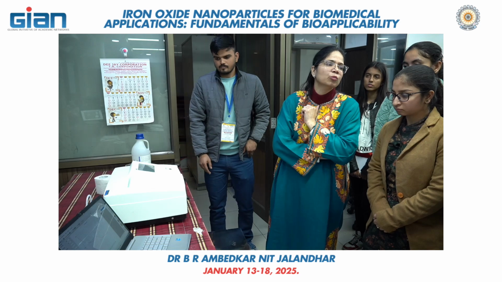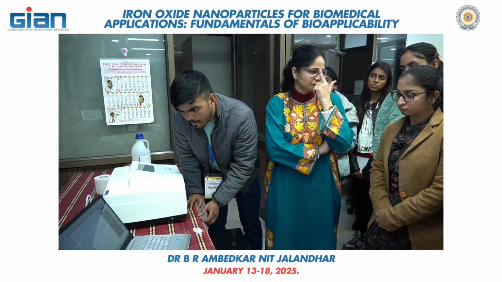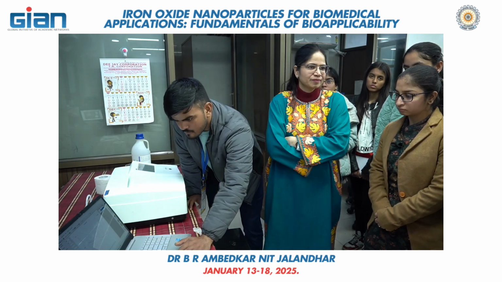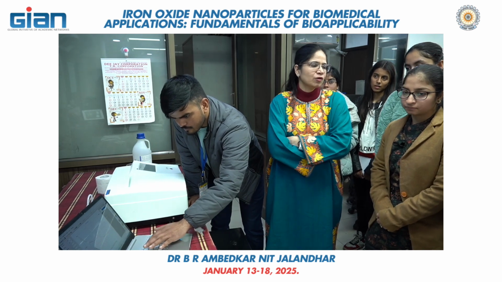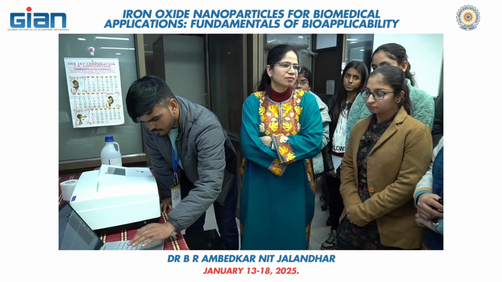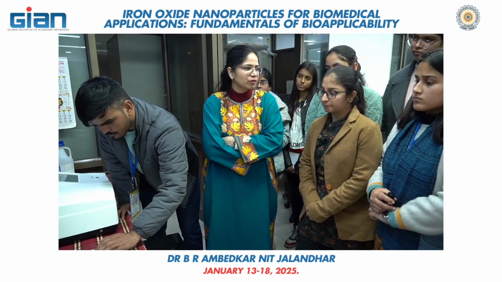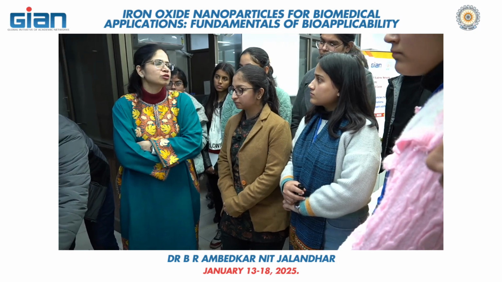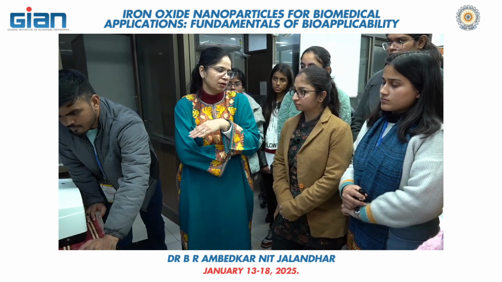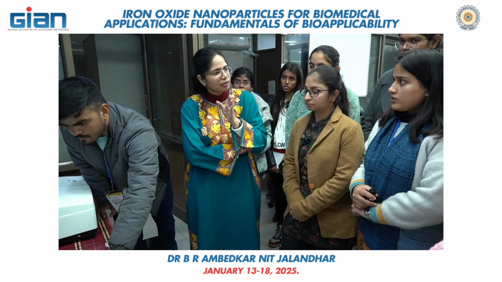So why do you get a broad band in the UV spectrum? Why not a sharp one? Have you seen all UV spectra, the other ones also? UV spectroscopy is electronic spectroscopy. Here the transition of an electron is occurring from one energy level to another energy level.